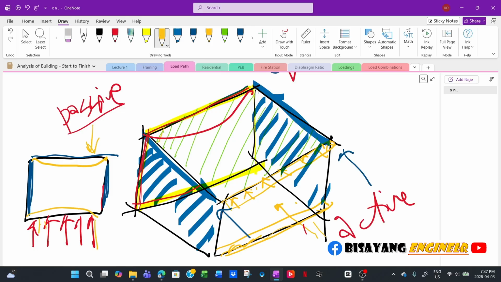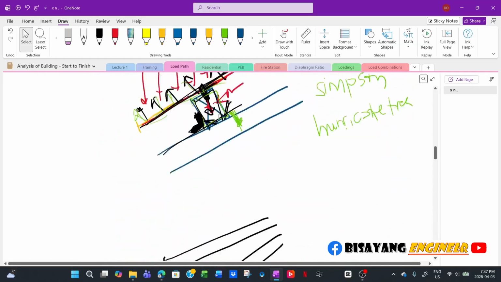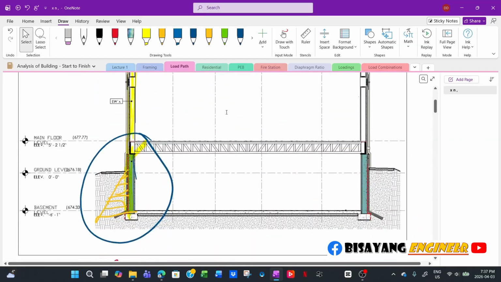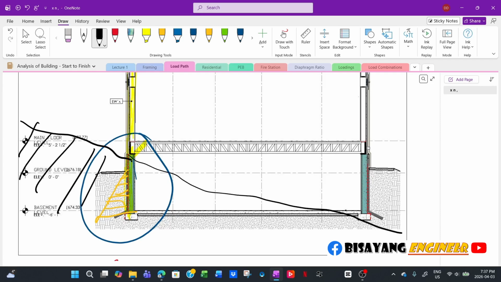That's why it is important to know also the grading of your property. For example, in this particular example, the grade here is, say, like that, but the grade goes this way, and this is the floor level, now grade level.